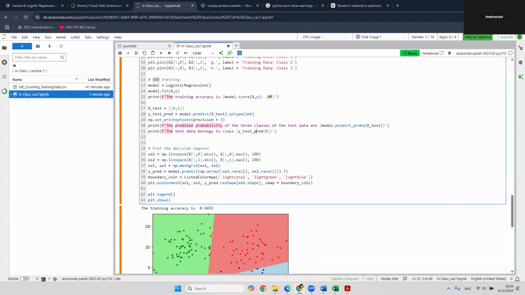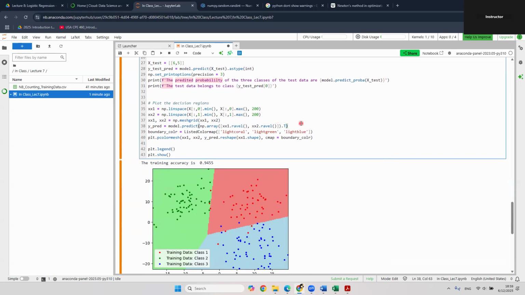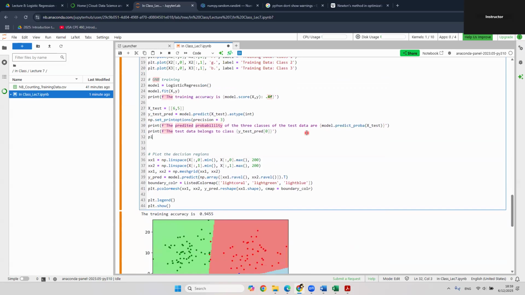And here in my example, I even also included a plot of the test data. So here I can just plot, and then I can have x test data 0, 0, x test data 0, 1.